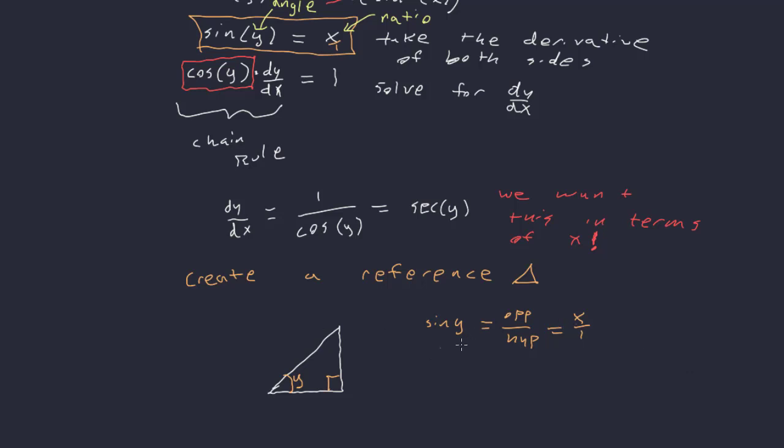So that means that x is going to be my side opposite, and 1 is going to be my hypotenuse. Okay, so I will put that over here. X is the side opposite, 1 is the hypotenuse, and now we just need to find the side adjacent.